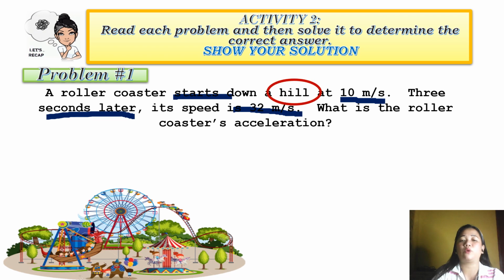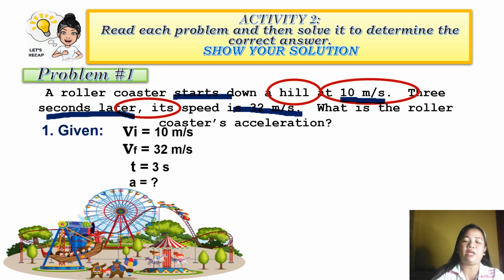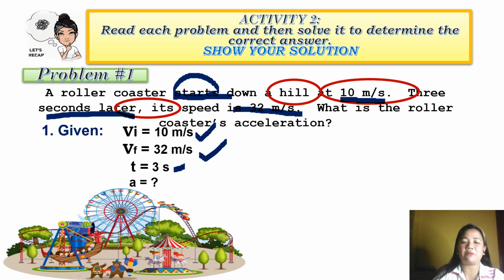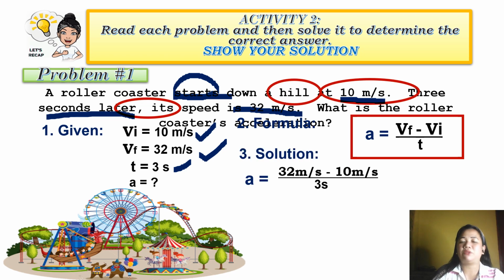So what is the roller coaster's acceleration? Same thing, we have to identify our initial velocity, which is 10, because the clue word used is the word start. Final velocity is 32 meter per second. Your time is 3 seconds. So, let's substitute in the formula. 32, our final velocity, minus 10 is 22. So, divide by 3 seconds.